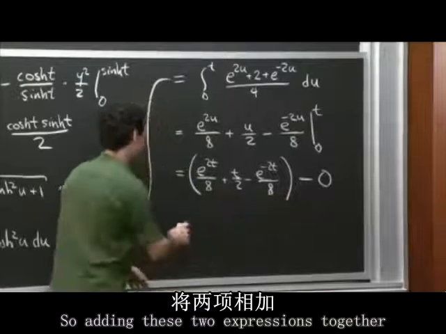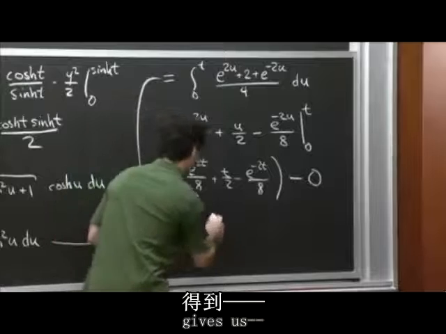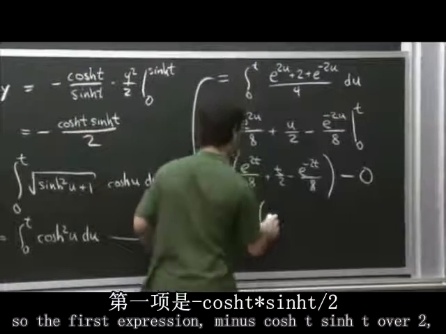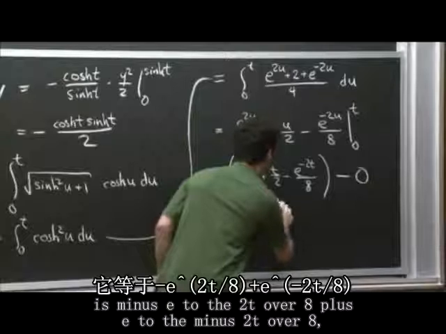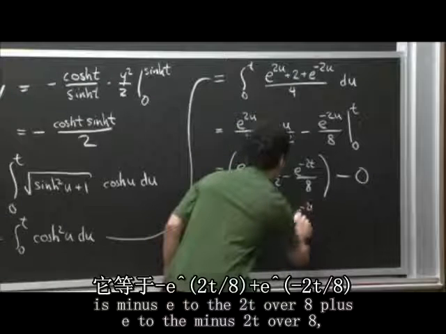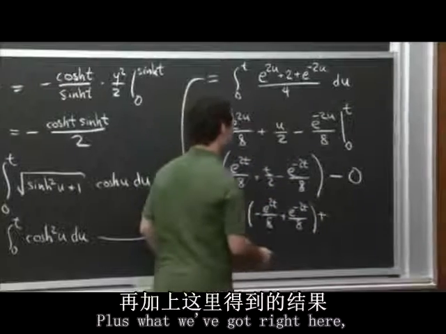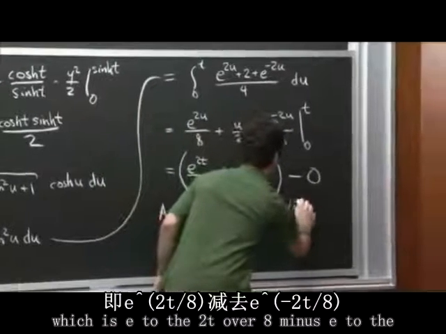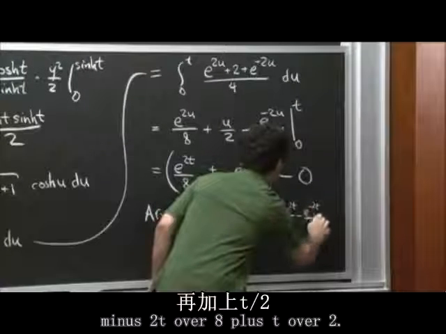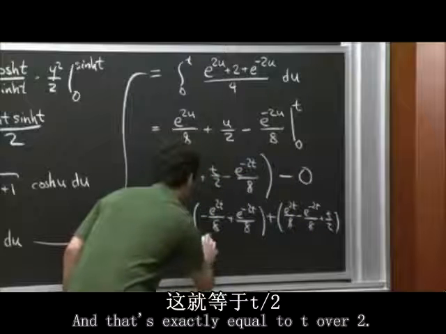So adding these two expressions together gives us minus e to the 2t over 8 plus e to the minus 2t over 8, plus what we've got right here, which is e to the 2t over 8 minus e to the minus 2t over 8 plus t over 2, and that's exactly equal to t over 2.